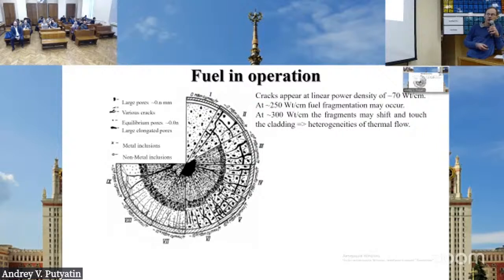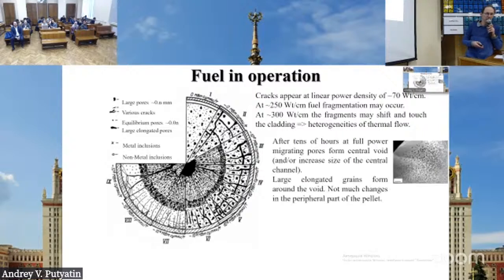Now you have cracked ceramic, which at some point starts to touch the cladding. So you have strong variations in thermal flow. Sometimes at the point of contact you have increased thermal contact, and at the point where the gap is still open, the thermal flow is very different.